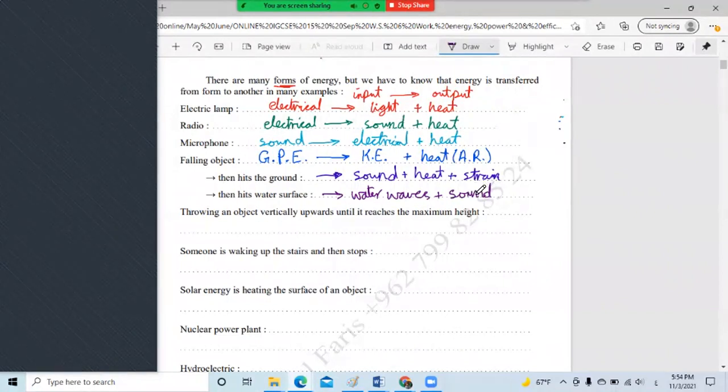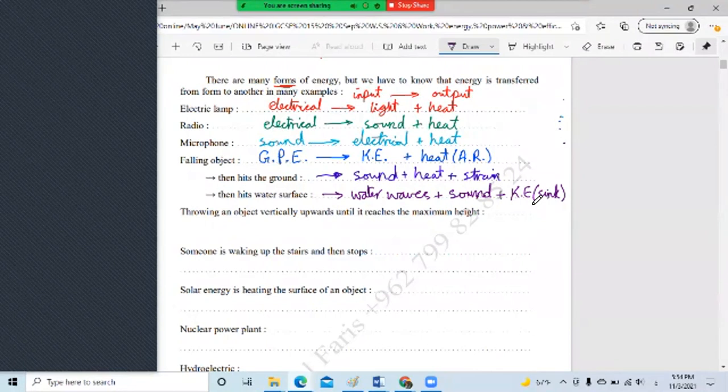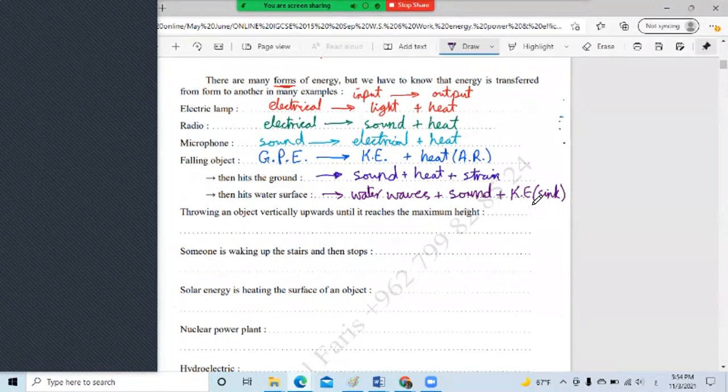Plus, as the object hits the water surface, it doesn't stop. It still has kinetic energy to what? To sink. Maybe it floats after hitting, or goes inside. Maybe it keeps sinking. We don't know. We are talking about during hitting the water surface.